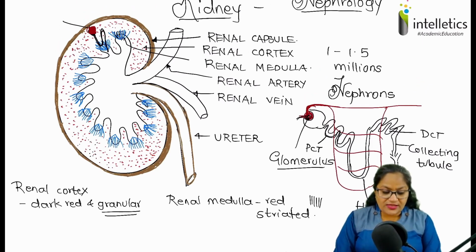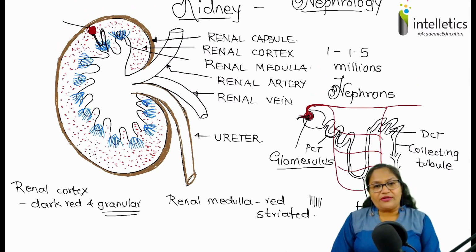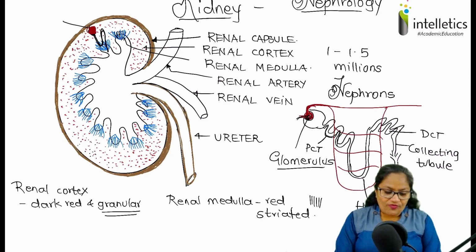And this is the reason why I have deliberately used altogether a different color here, that's blue color, for representing the renal medulla. Now what we can see is that the renal medulla consists of many conical parts. You can see this.